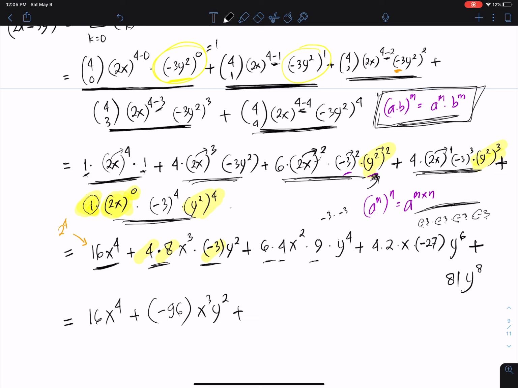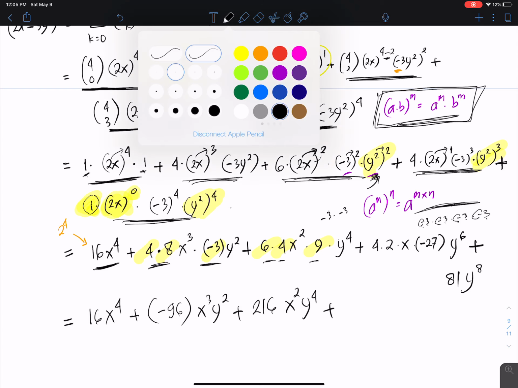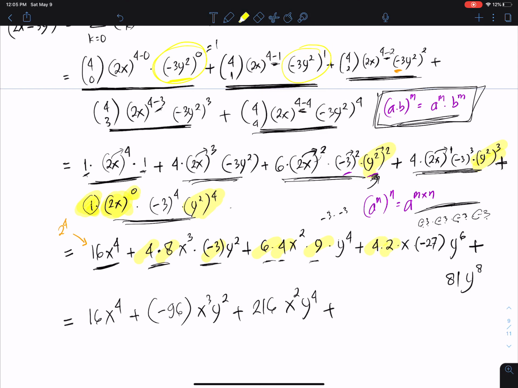Plus, next I have 6 times 4 times 9. I will get 216. So 216 with x squared y^4. Okay, plus next one I will have 4 times 2 times minus 27.